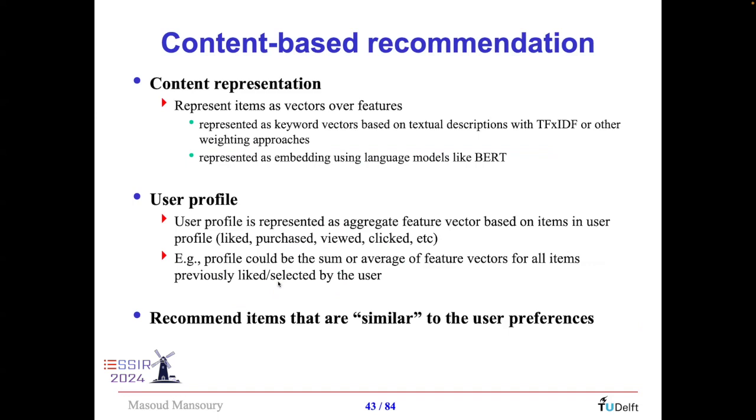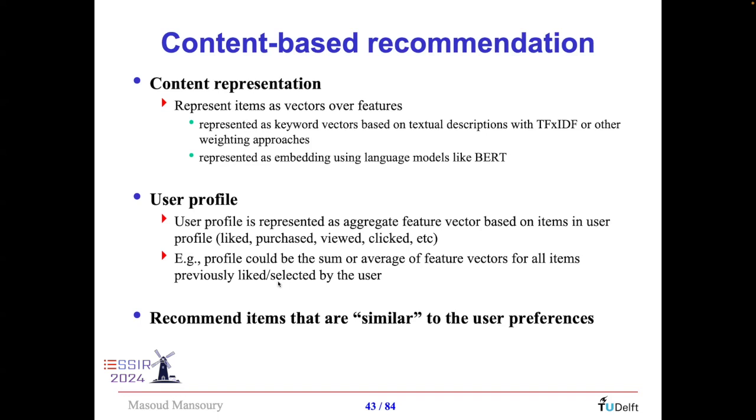So the process in a content-based recommender: first, we need to find a way to represent the content, which is in the form of keywords, genre, tags, or textual information. We need to first represent the items in the system. One way is to represent the item as a keyword vector.